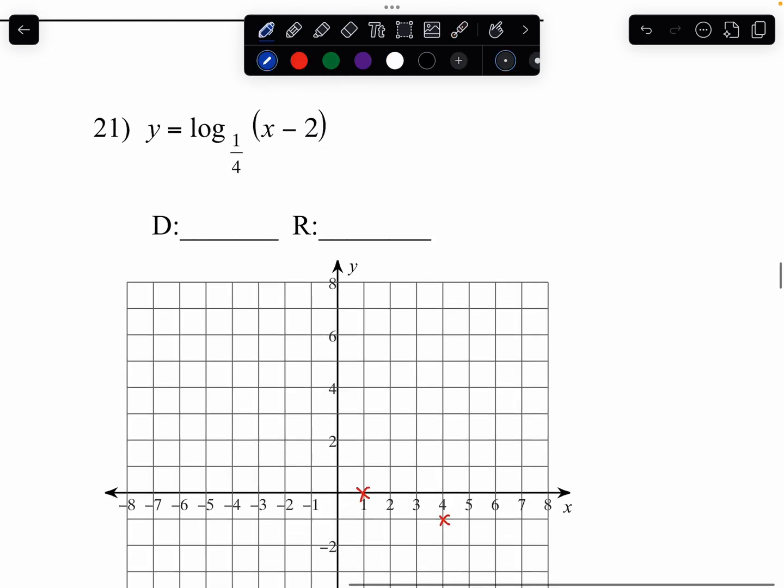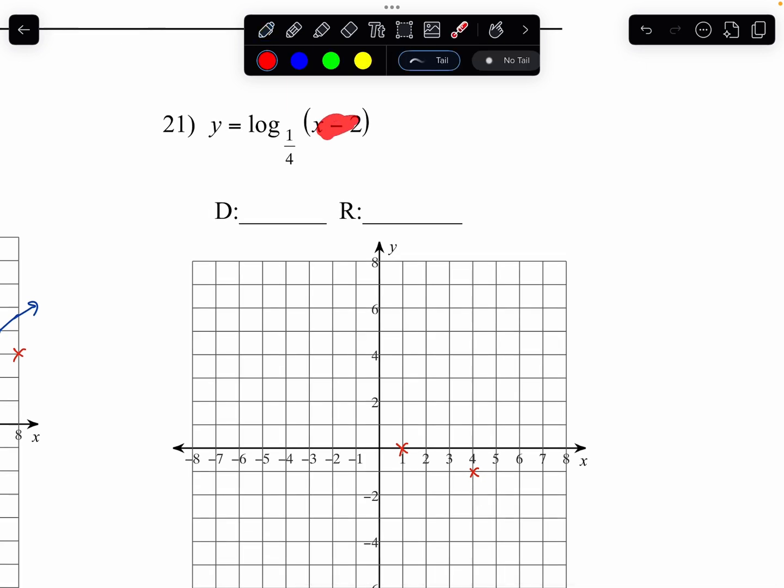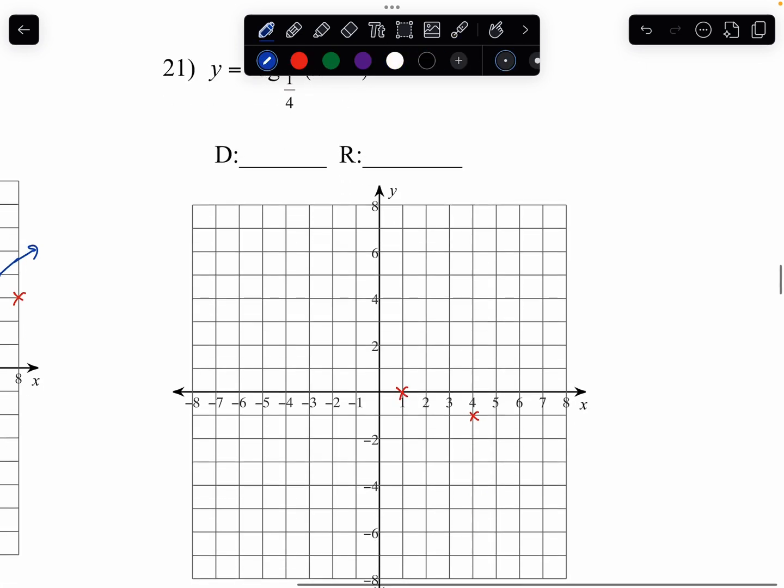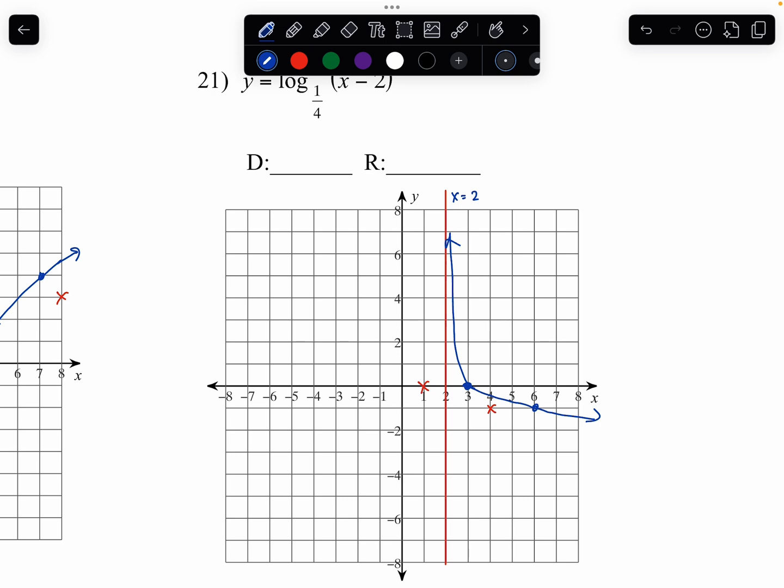And then as far as the transformations go, it's going to be to the right 2. So right 2, and the asymptote will also be moved to the right 2. So it's going to be x equals 2. It should just look like that. So the domain is x is greater than 2. The range is all real numbers.